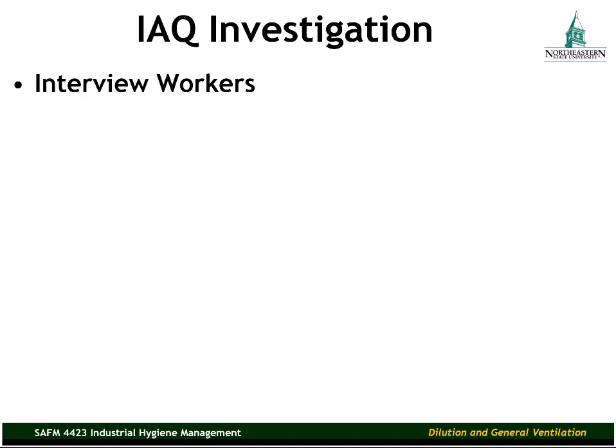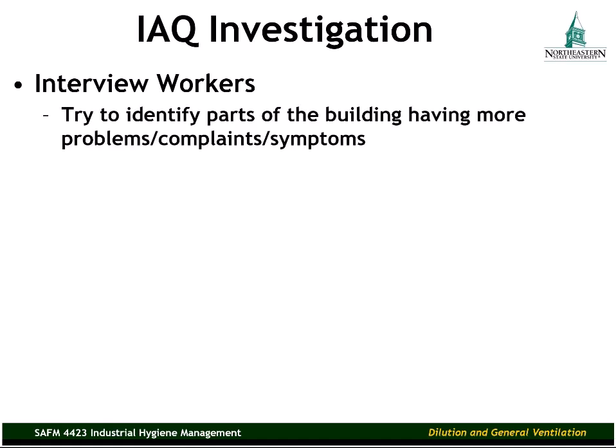Also, as part of this interview with your workers, you want to try to identify parts of the building that may be having more problems, complaints, or symptoms than other parts. If you can identify one wing of the building or one floor or one set of offices that seems to be the concentration for your problems and your complaints, your symptoms, that's going to help you come up with a solution.